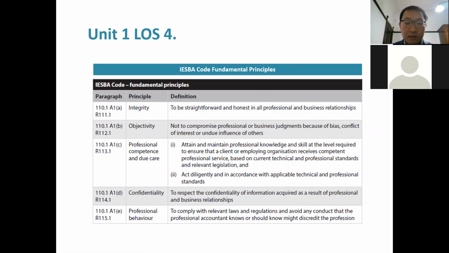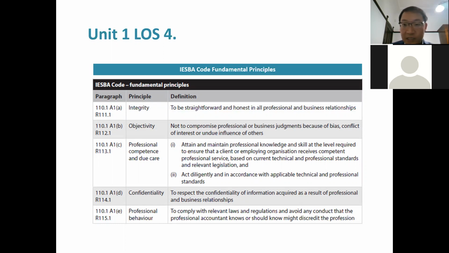These principles are fairly straightforward to remember. Integrity is to really be honest, do what is right. And as you study, you need to be able to distinguish between integrity and objectivity, an area where a lot of candidates have struggled in the past.